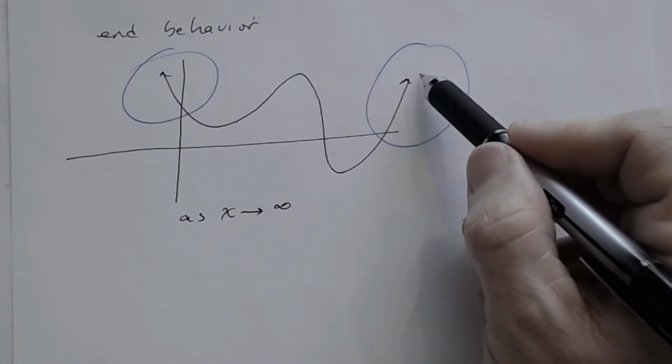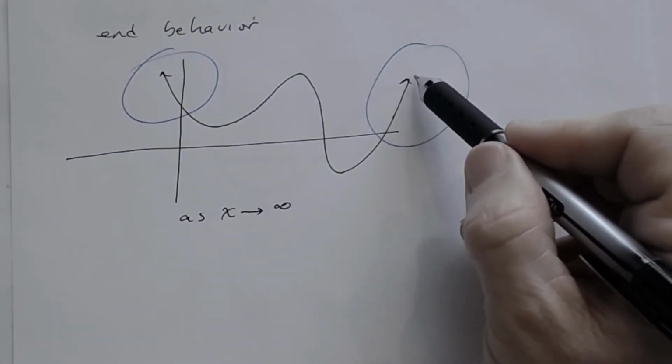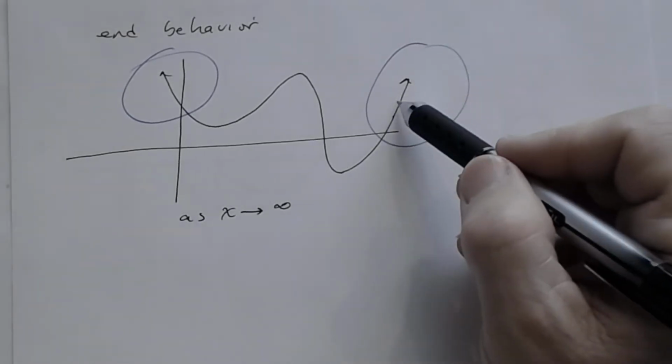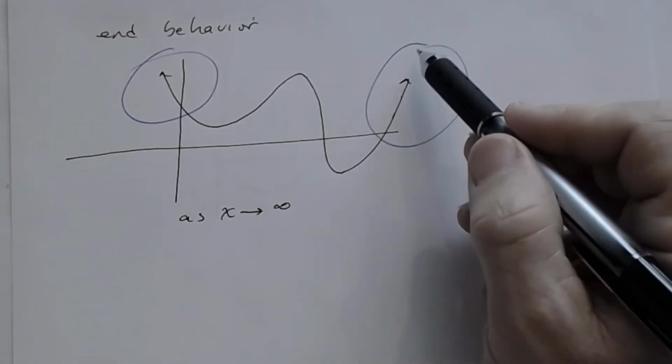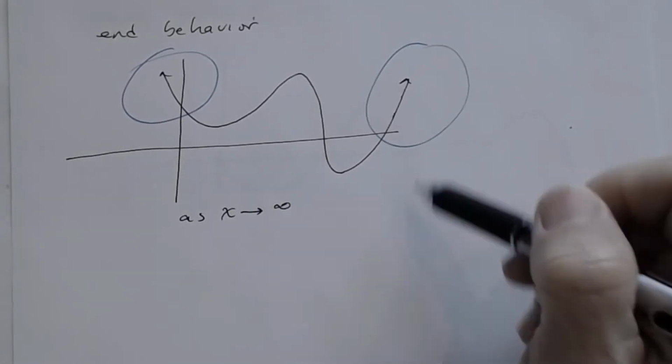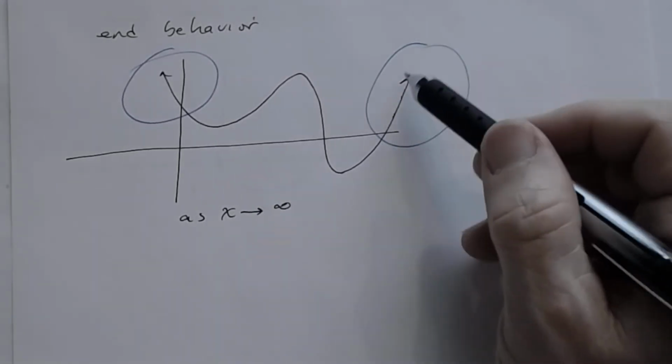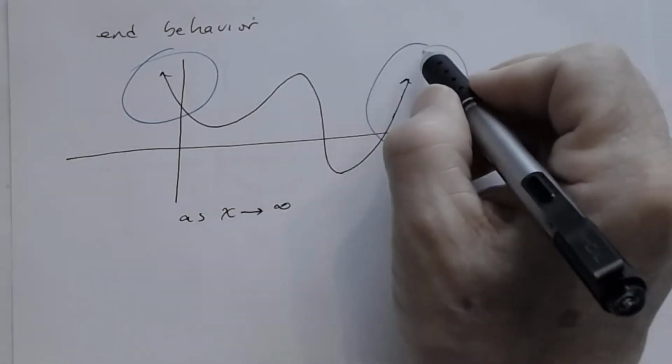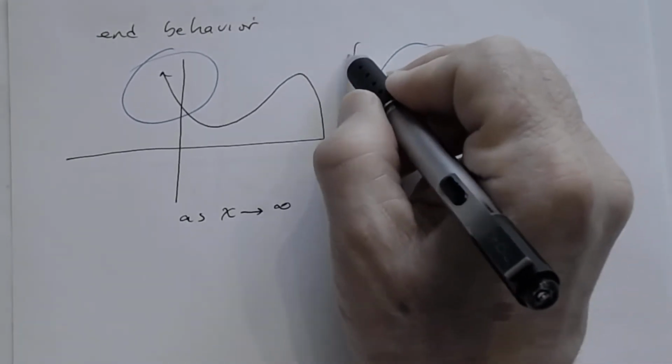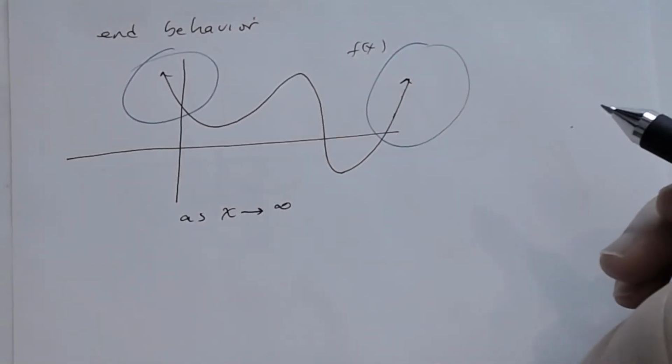My y values are getting more positive. These are your negative y values, these are your positive y values, so they're getting more positive. I'm going to call this function f of x.